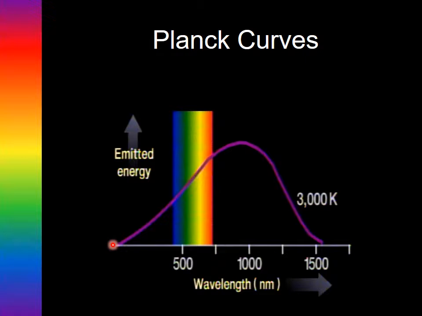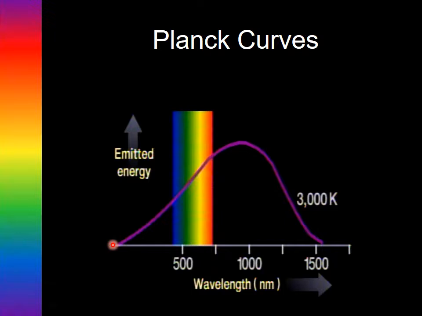They emit the same colors they absorb. And so if you had a perfect hypothetical black body, it would be able to absorb all colors and therefore emit all colors. This is for something that's emitting all colors at a temperature of 3000 Kelvin.